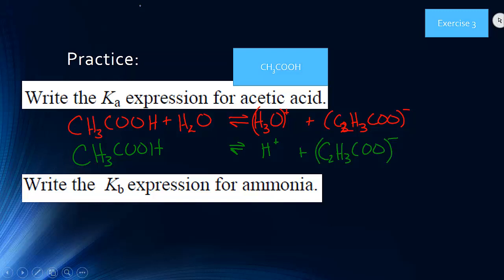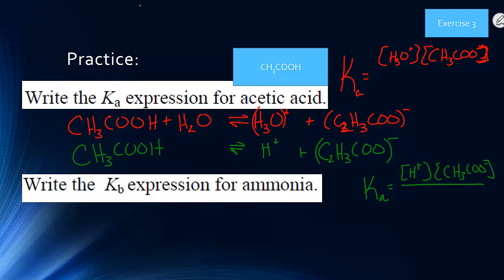In either case, writing the equilibrium position is going to be products over reactants. So Ka is going to be our products, the hydrogen or hydronium ion concentration times the concentration of the acetate ion over the concentration of our reactants.